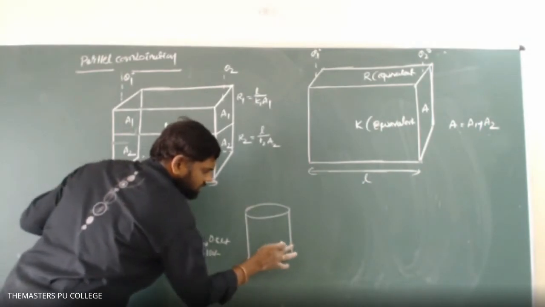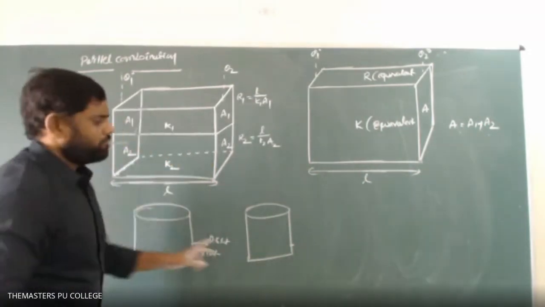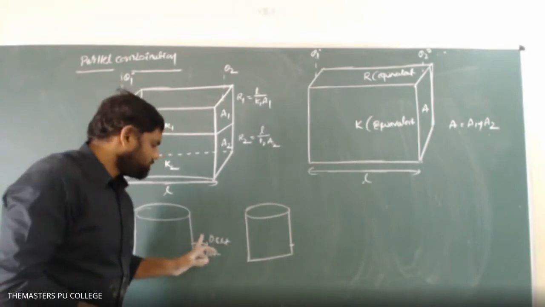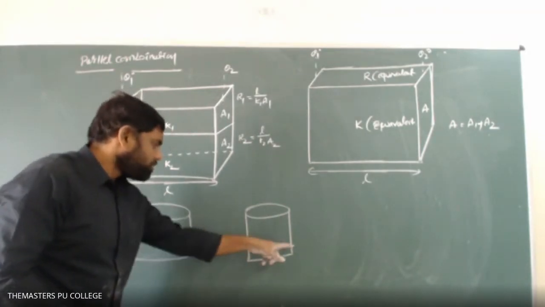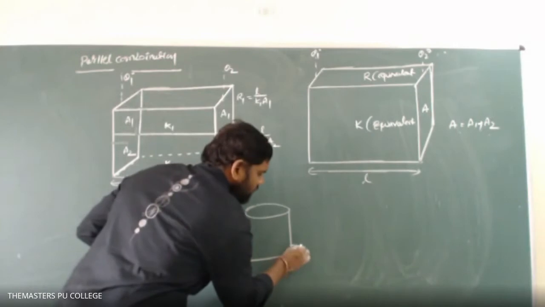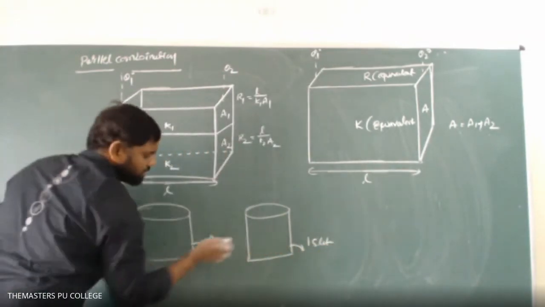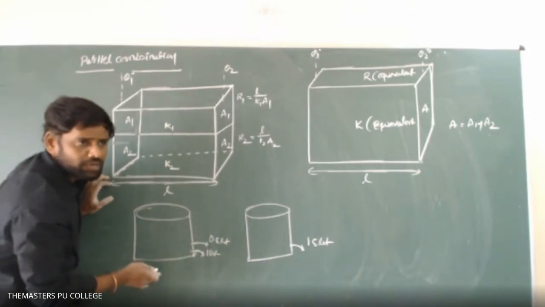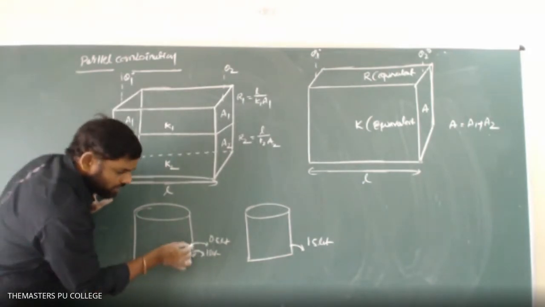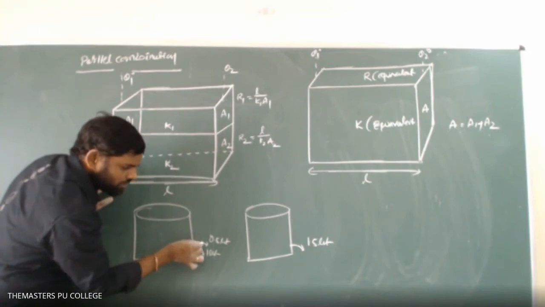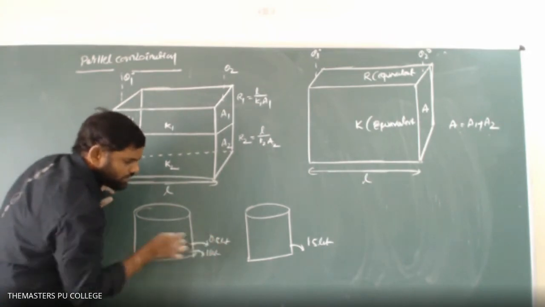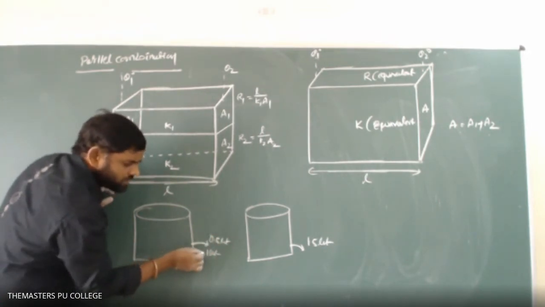So I made an identical vessel with an equivalent hole. This hole will be equivalent to those two if the water comes out at 1.5 liters per second. Understand this point? There are two holes: from the first hole, half a liter of water is ejecting per second, and from the second hole, 1 liter.